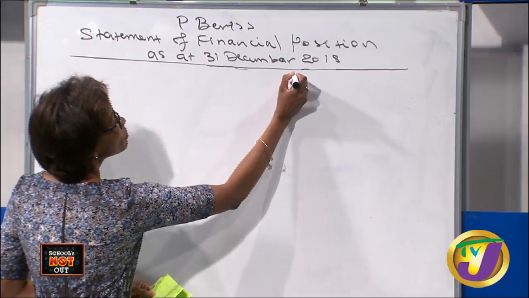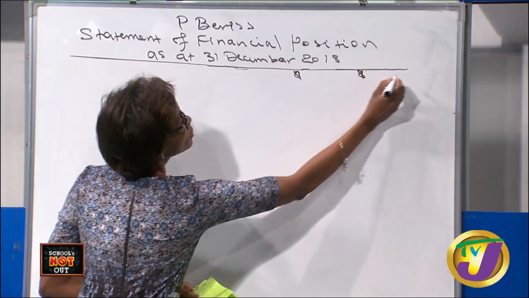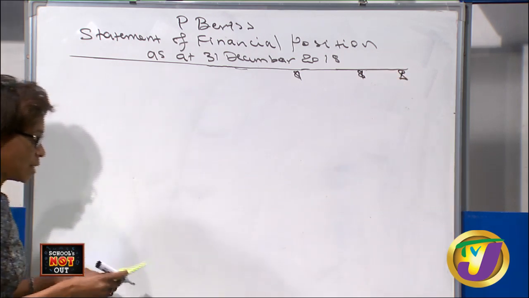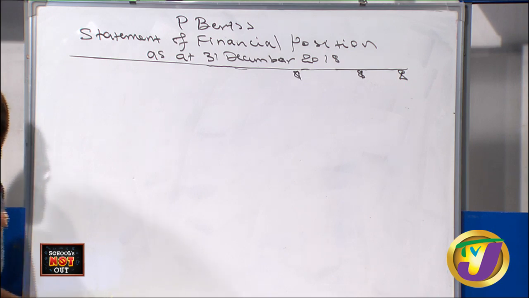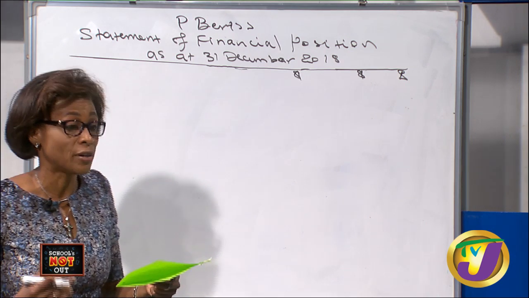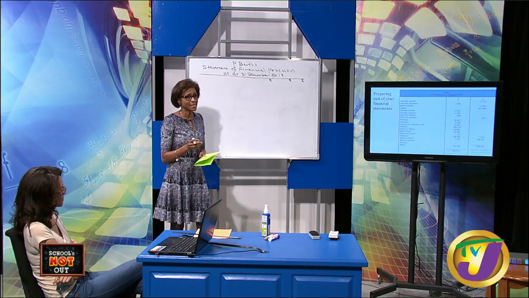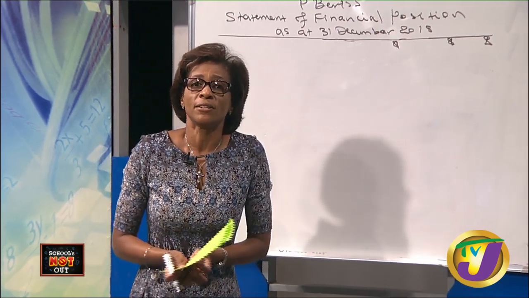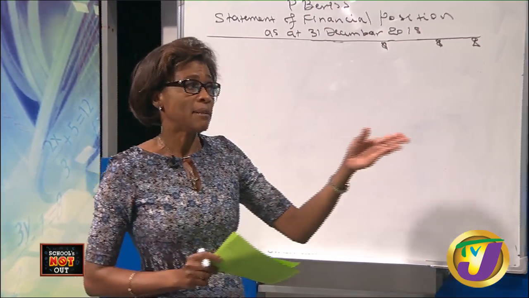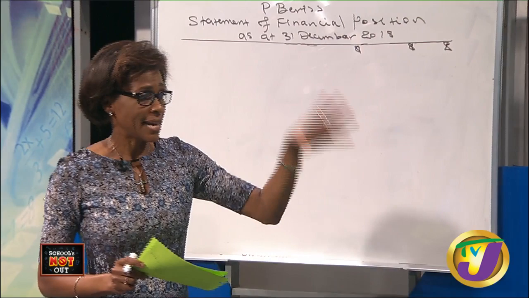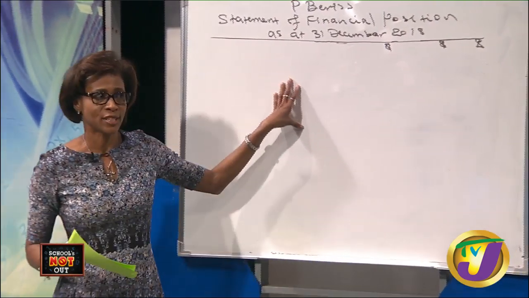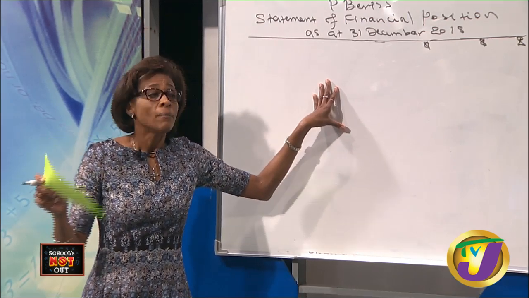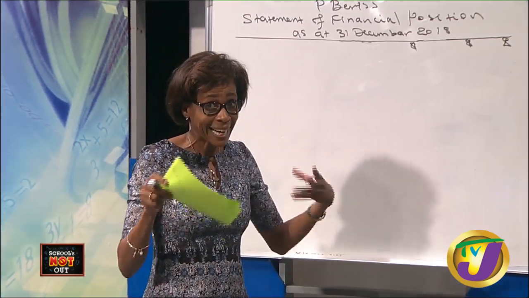Now, students, we're going to put in 3 columns. 1, 2, 3. And for this financial statement, we're going to be focusing on our assets, our liabilities, and our capital. So you're expected to go to the trial balance and select those items which are appropriate for your statement of financial position.